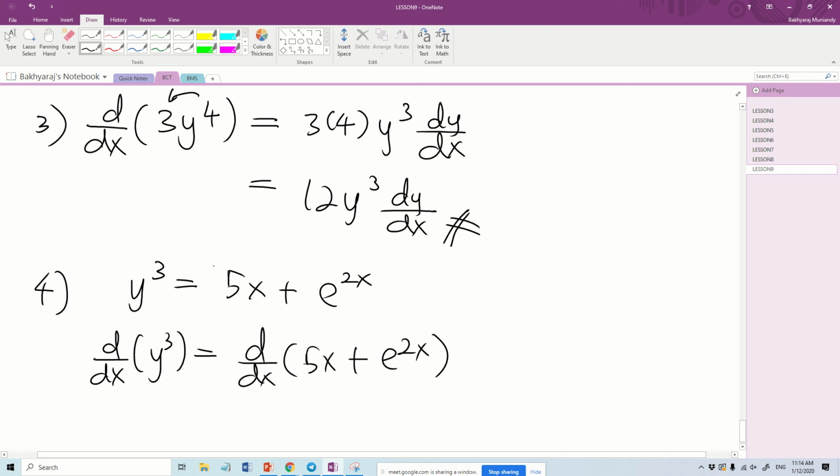Now we want to differentiate. So kita masuk d over dx. So itu maksudnya kita nak differentiate lah. This is what we call as implicit function. So implicit meaning that we have something y power of something. So that's why we need to do like this.